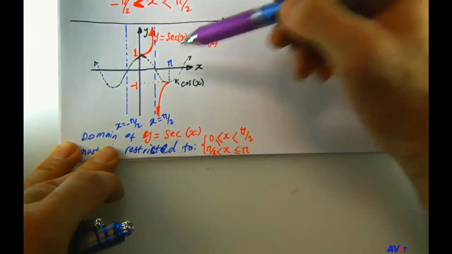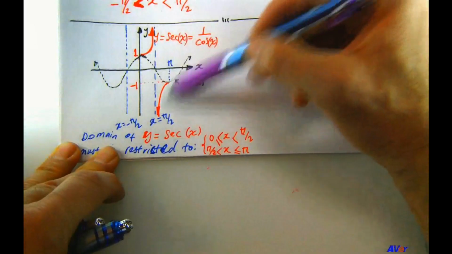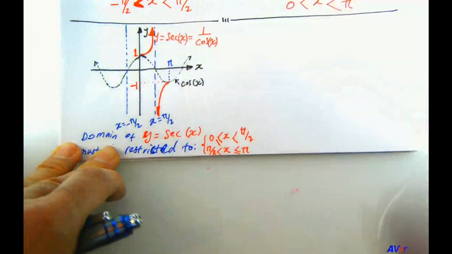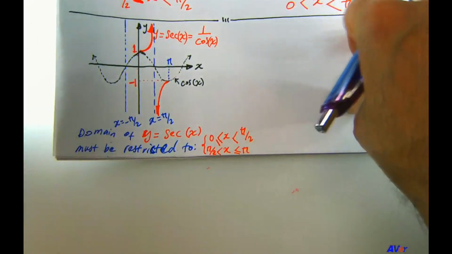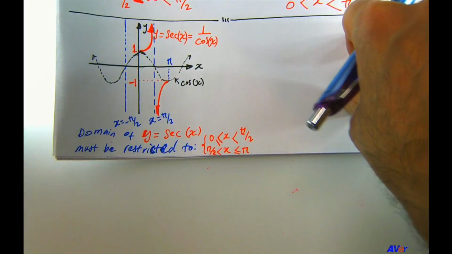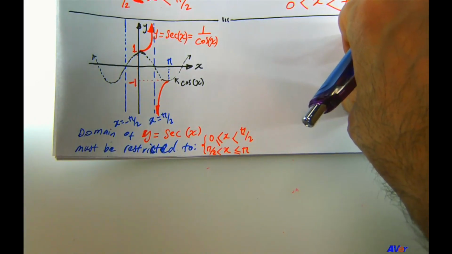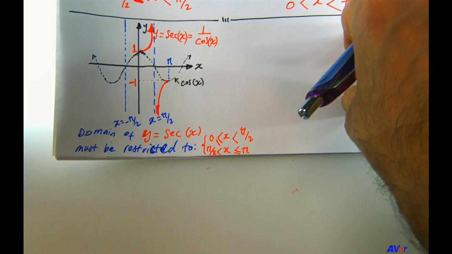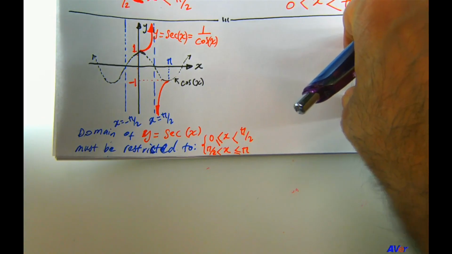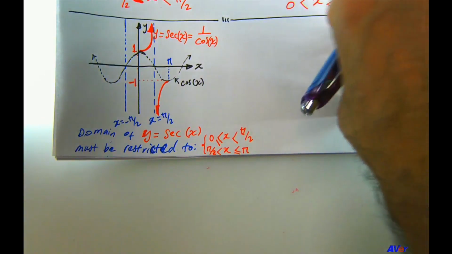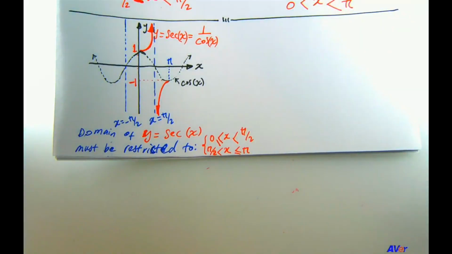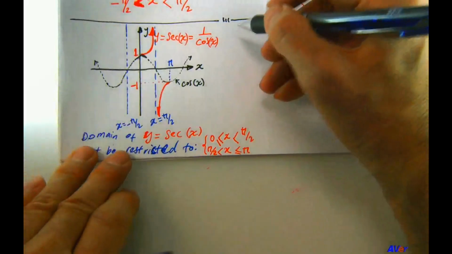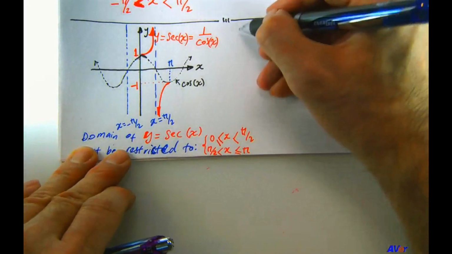And this domain represents these two pieces. Then the horizontal line will not be able to cross the graph of the secant function at more than one point once we restrict the domain to that. Okay, let's do the same thing for the cosecant function.